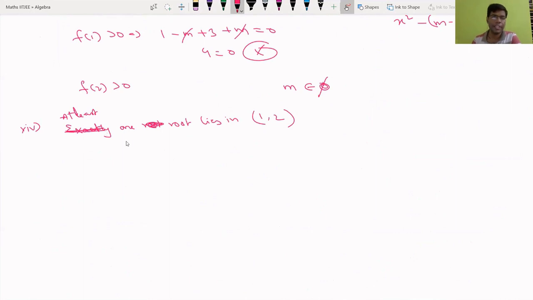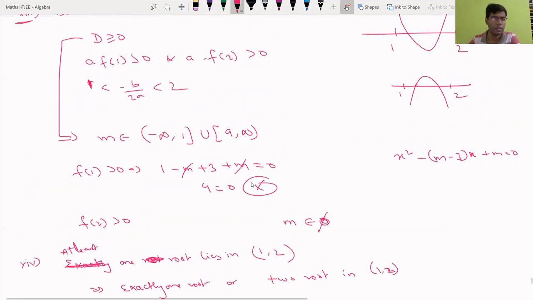So again, when I say at least one root lies in 1 and 2, it implies exactly one root or two roots in 1 and 2. So it means it should have exactly one root lying in 1 and 2, or it should have both the roots lying in 1 and 2.